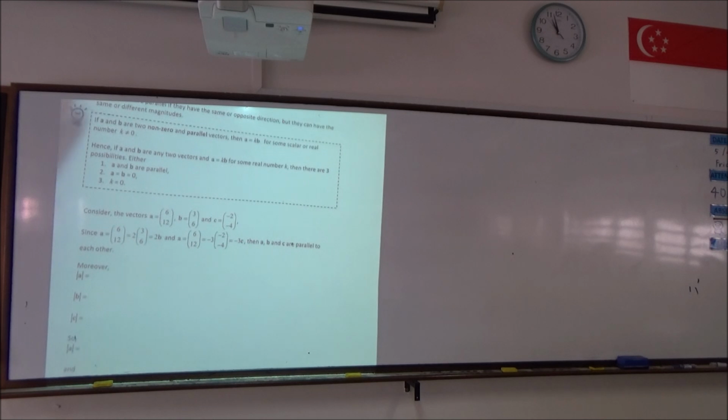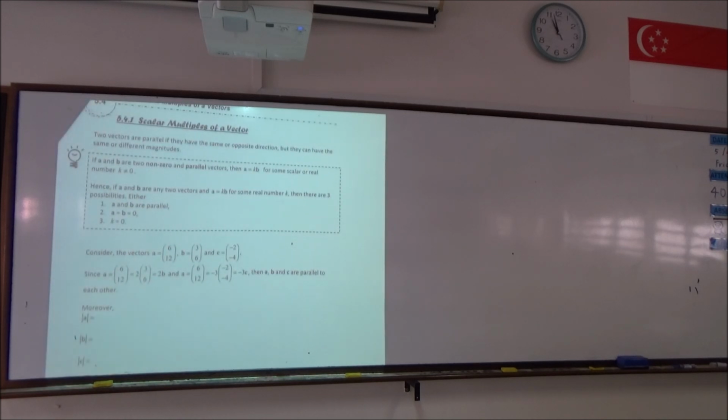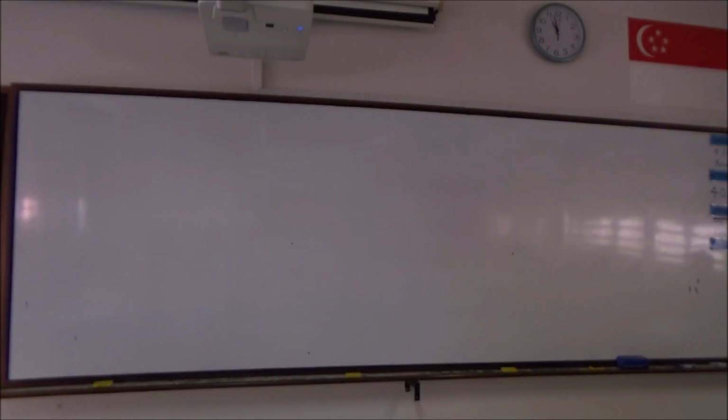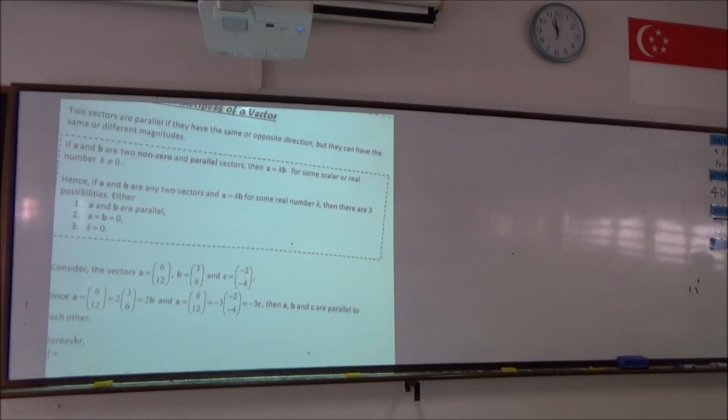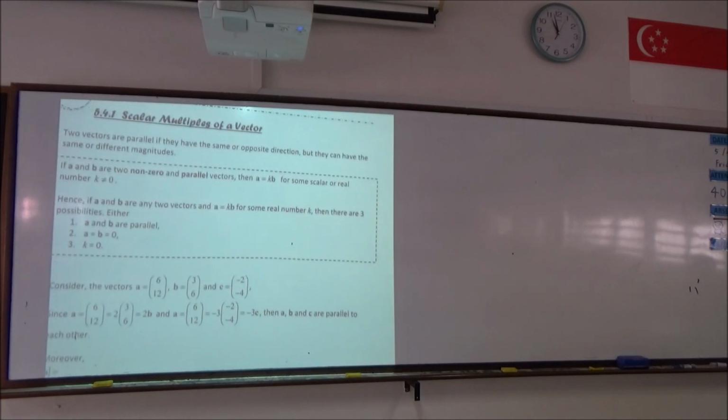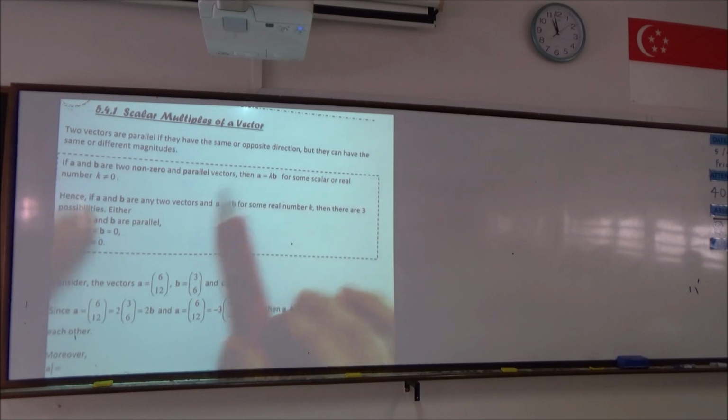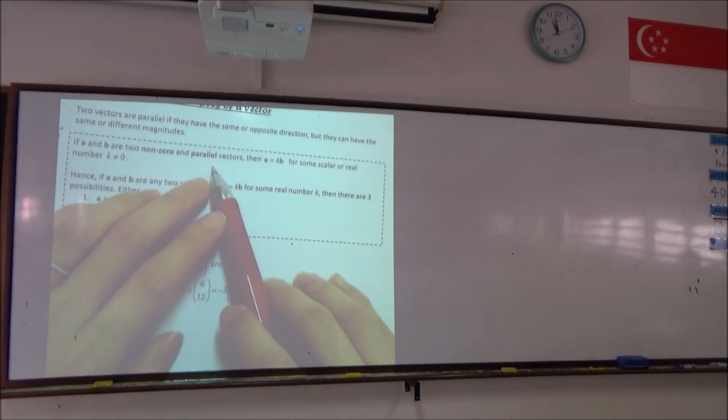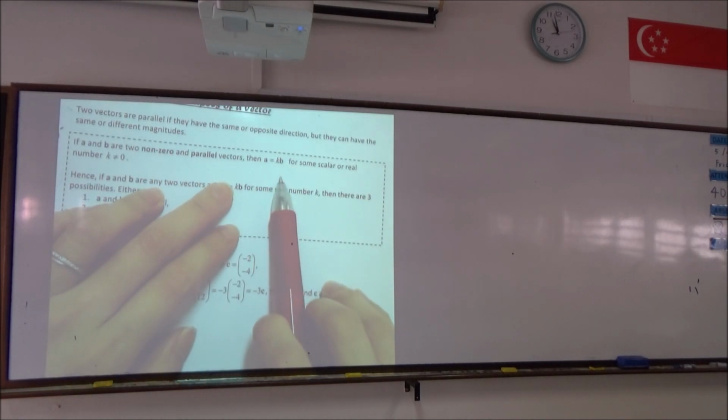Let's get to scalar multiples. I mentioned already that for parallel vectors, they are either in the same or opposite direction. We also see from this section that for non-zero and parallel vectors, they can be scalar multiples of one another.